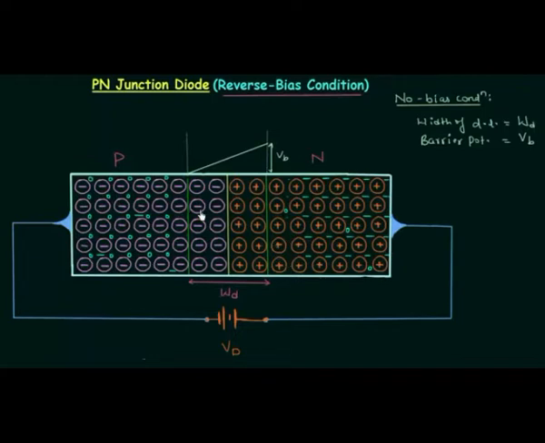So we have a new width for depletion layer, and let's say the new width is equal to WD reverse bias. This is the new width of depletion layer.